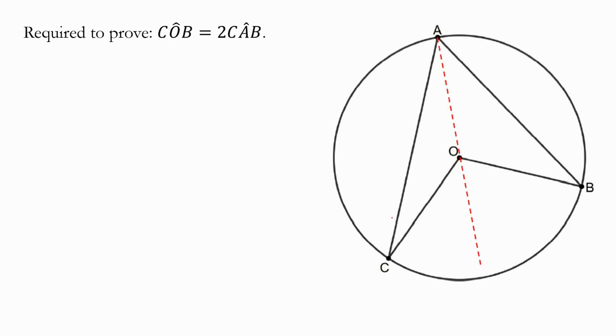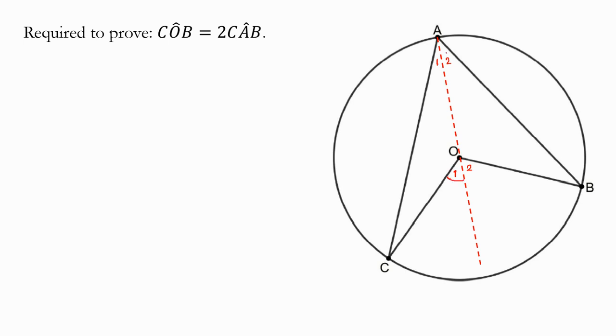So you construct the line like this, and then now let's name our angles. So we have angle O1, and then angle O2, and then angle A1 and angle A2. Right, so now if we check, what can you say about angle O1?